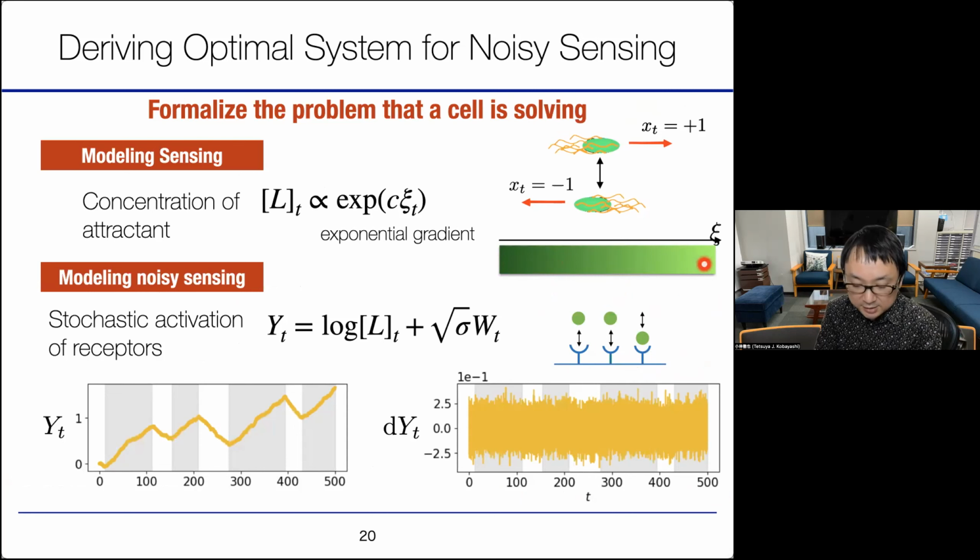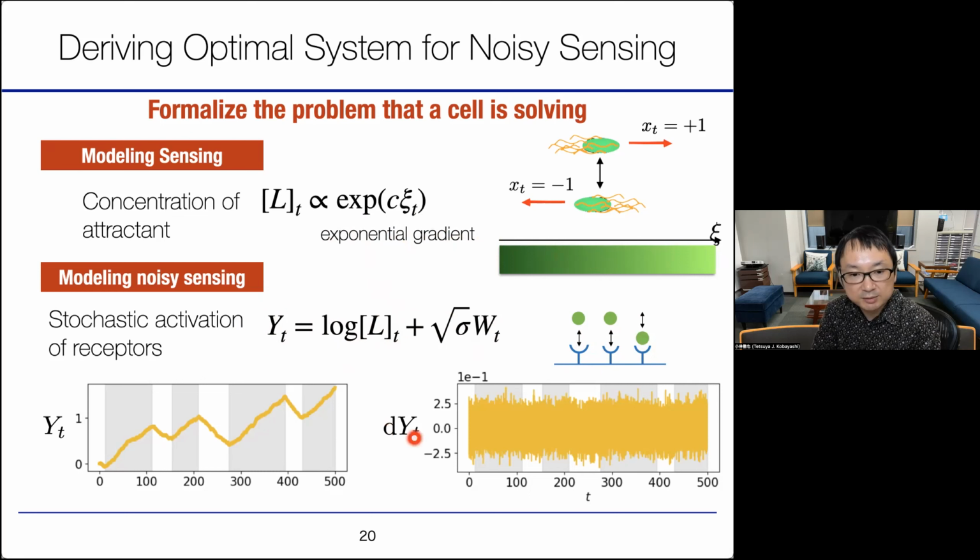And on the axis, there must be a gradient of attractants. So we suppose that there is an exponential gradient around this axis. Then finally, this y is the stochastic variable representing the output of the receptor. So this y is a function of the attractant and also the receptor noise.